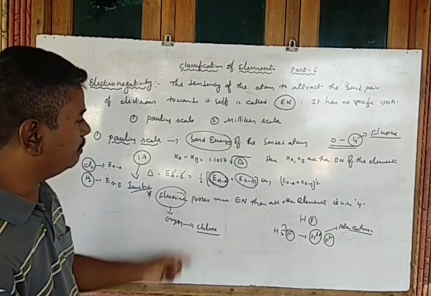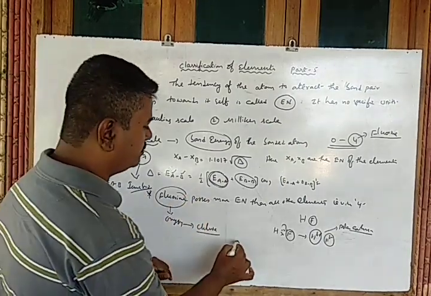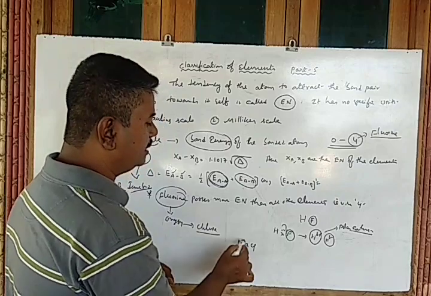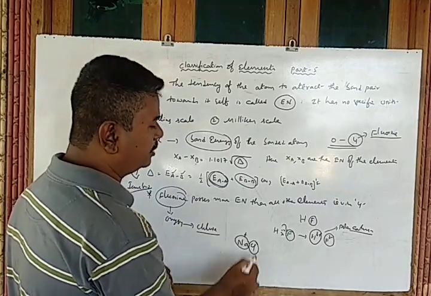For example, in NaCl, sodium is an electropositive element, whereas chlorine is an electronegative element.